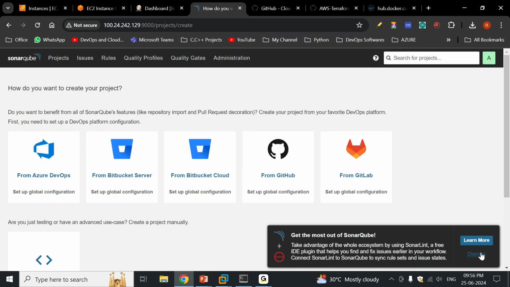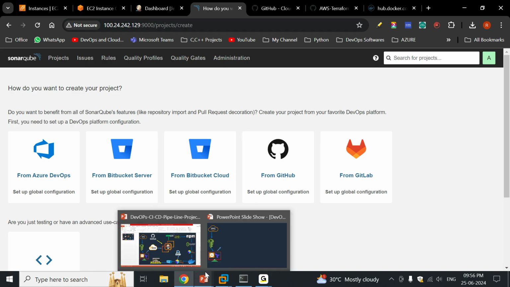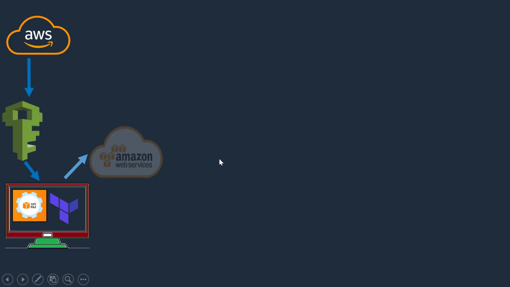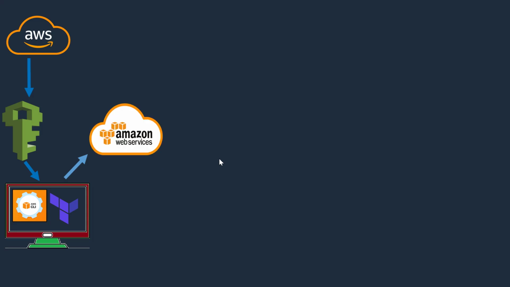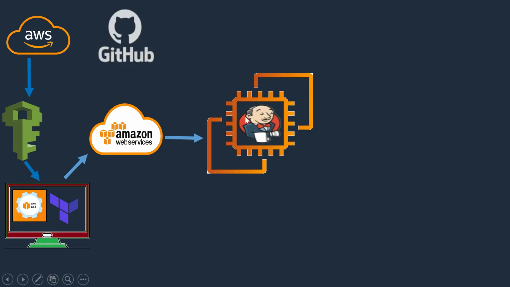See, guys, our SonarQube is also ready. So up to here, what did we do? We have applied the script, it went to AWS, and AWS created one EC2 instance, and in that instance we installed Jenkins also, and we need to integrate GitHub with Jenkins.